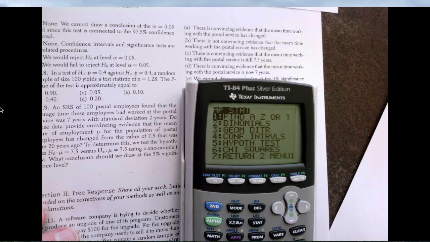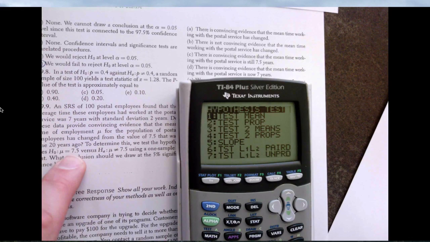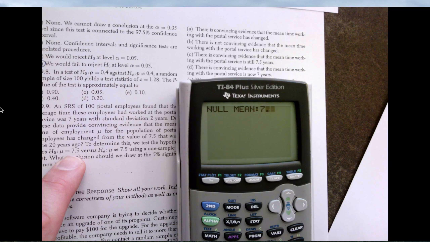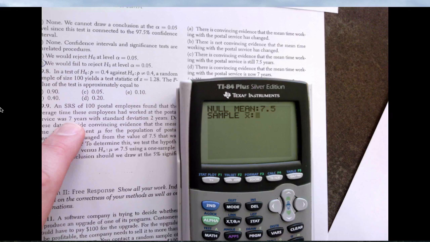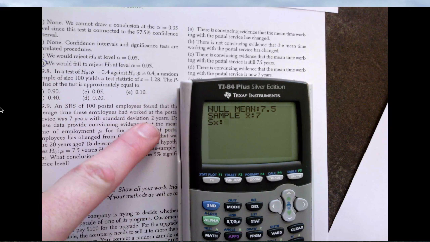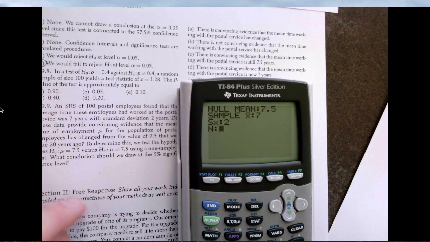If I go to hypothesis test, we're testing against 7.5 on a mean. We have a sample average of 7 and a standard deviation of 2. They didn't tell us anything about the standard deviation from the previous study, so we have to go with a t-test in this case.